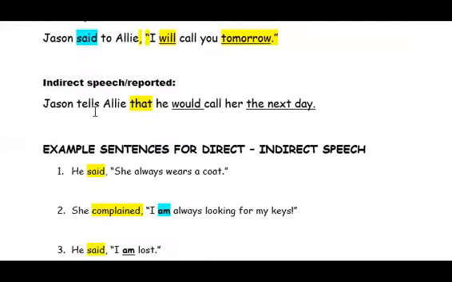So when I relate "Jason said to Ali, I will call you tomorrow" into indirect speech, it becomes Jason said to Ali that he would call her the next day. Can you see how will changes to would and tomorrow changes to the next day? Can you also see that there are no quotation marks in the reported speech?